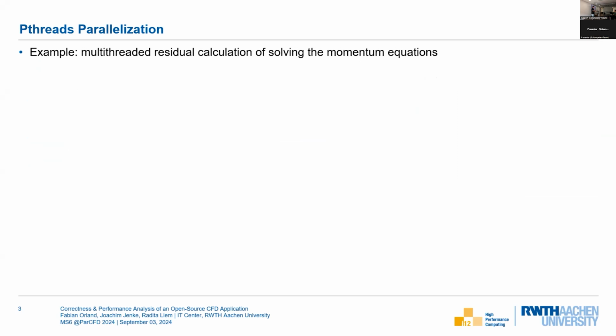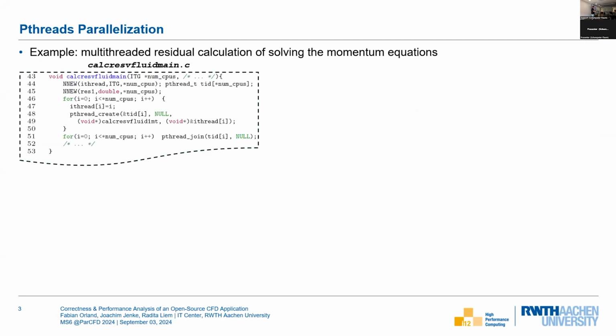Basically the parallelization is the same pattern all over the code for different purposes. In this case, we will look at an example of how the residual is calculated when the momentum equations are solved. What they usually do in Calculix is start with some C function, which always has this main suffix in its name.